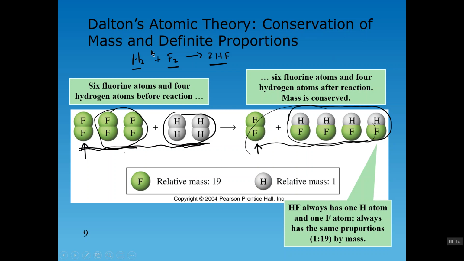And it also supports the law of definite proportions as well, because hydrogen fluoride always has 1 hydrogen atom and 1 fluorine atom, and the proportion is always the same in terms of percentage, 1 to 19 in terms of the mass ratio between the hydrogen and the fluorine.